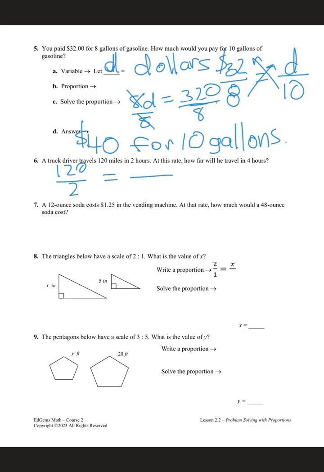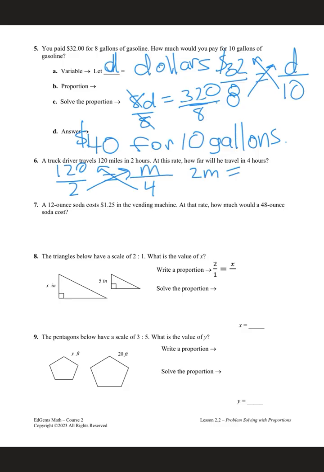Well, the distance is on the top and the time is on the bottom in the denominator. So we're going to put 4 in the denominator. And how far will he travel? I'm going to put m for miles. That's going to be my variable. After we set up the proportion, we're going to cross multiply and divide to solve for the value of m, which is the number of miles. So 2 times m is 2m, and that is equal to 4 times 120.